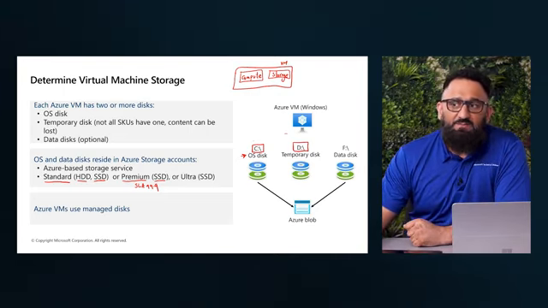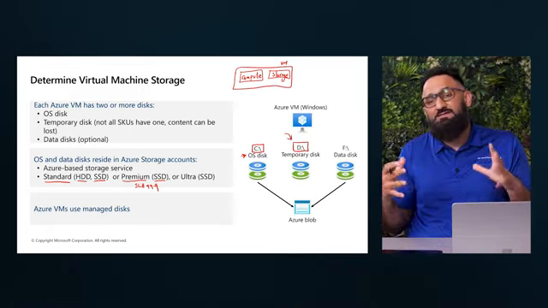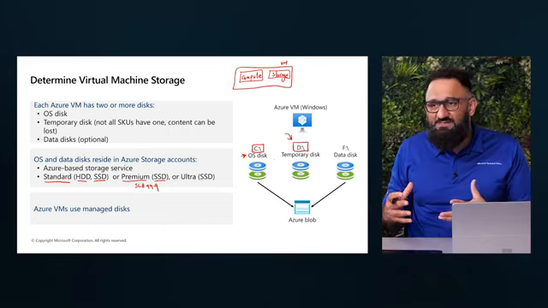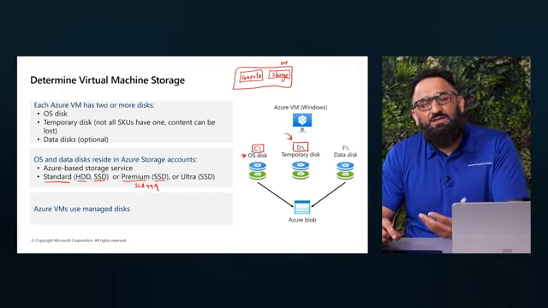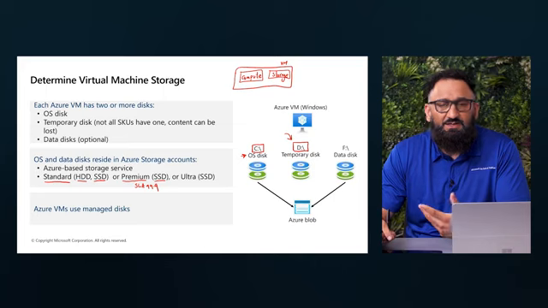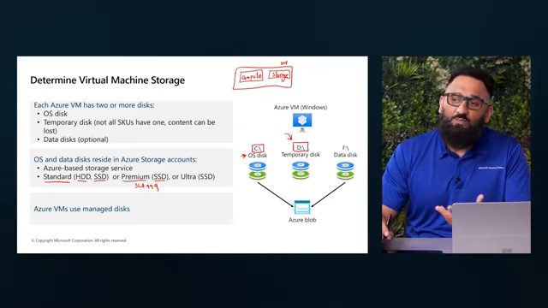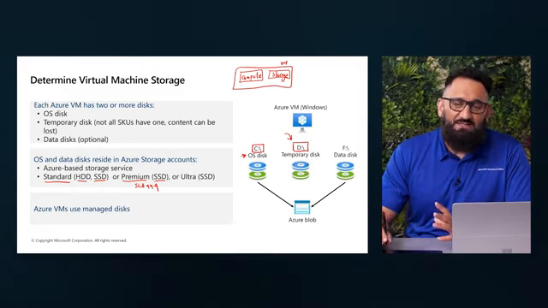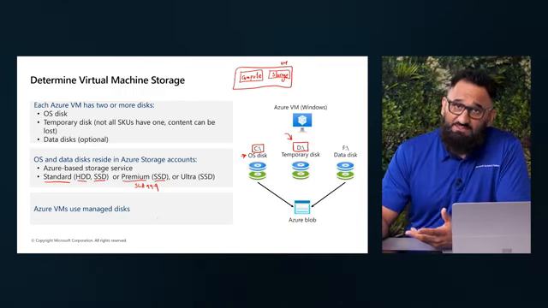Typically this temporary disk will be placed by default as a D drive, so bear this in mind. The temporary disk does not retain data, so as and when you shut down this machine or it is deallocated, when you bring it back, any data that you had within it would not be retained. So please ensure that you do not keep any data in the D drive that you expect to have access to at a later stage.